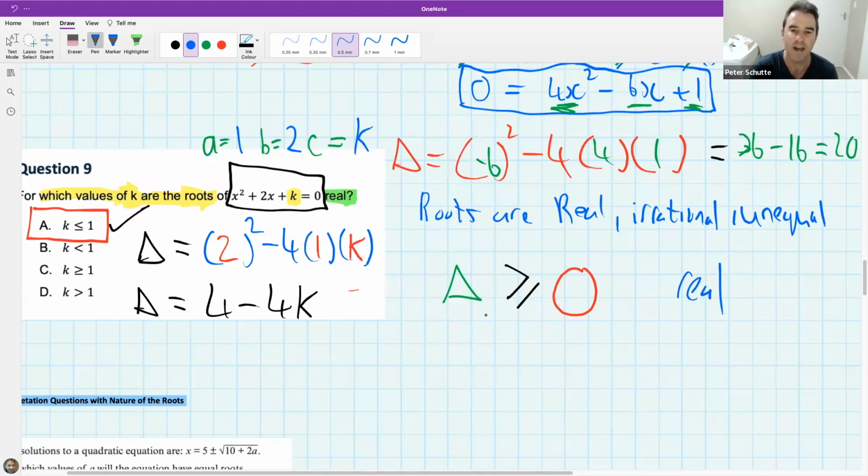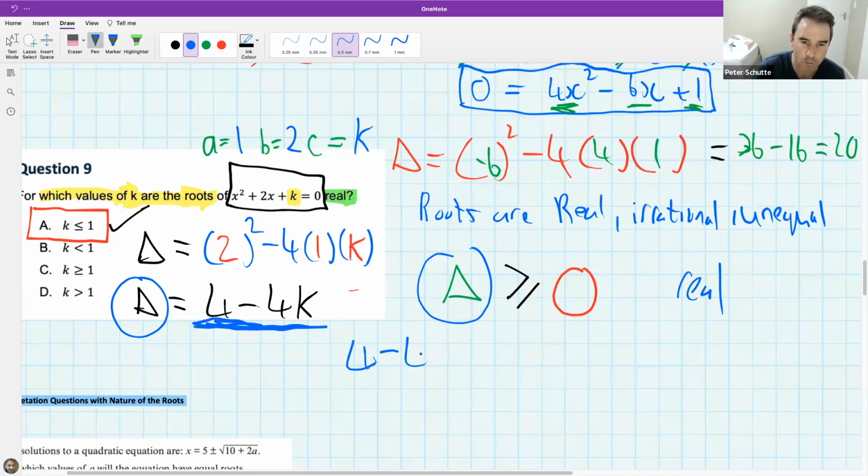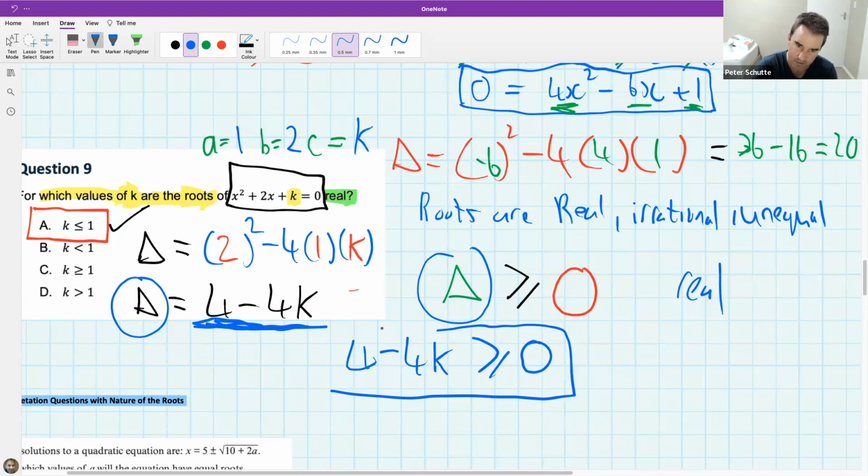Yes. Okay, now, are you happy that delta is 4 minus 4k? Are you happy with that calculation? Okay, so I'm going to put these two together. Here's a delta and here's a delta. So I go 4 minus 4k is greater than or equal to 0. To figure out what values of k make delta greater than 0 and ultimately make the roots real, I have to solve this inequality.